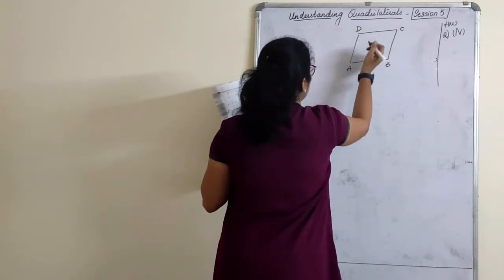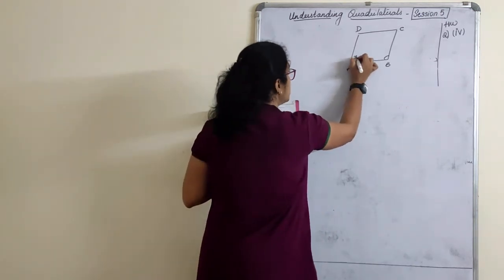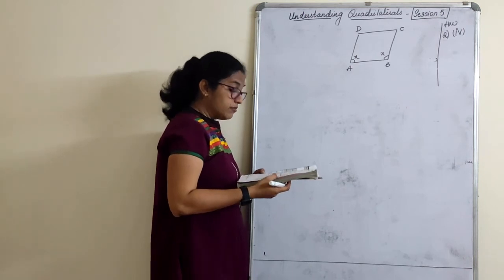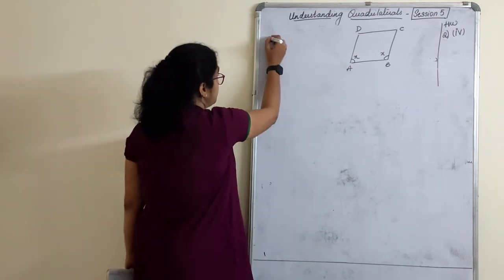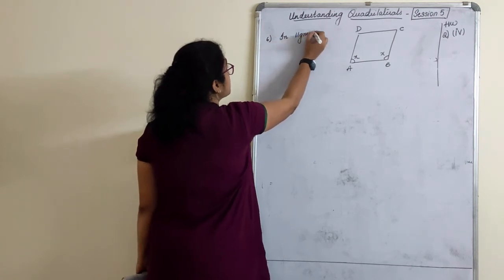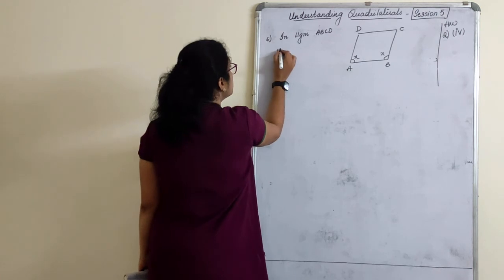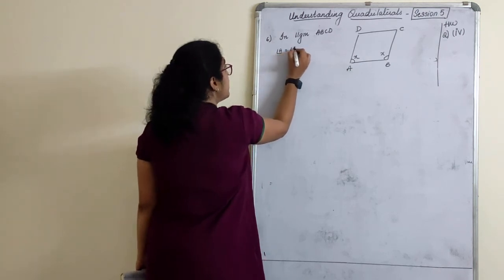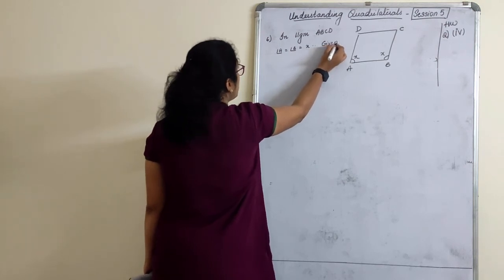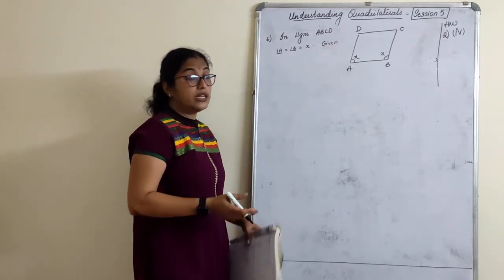Two adjacent angles, let me choose adjacent angles A and B. They have equal measure, that is x and x. Find the measure of the other angles of the parallelogram. In parallelogram ABCD, angle A is equal to angle B is equal to x. Angle A cannot be equal to angle B in general, but the measures of two adjacent angles are equal, it is given.